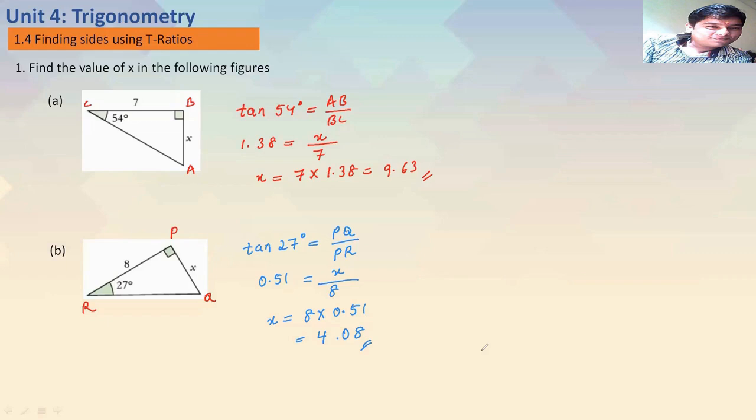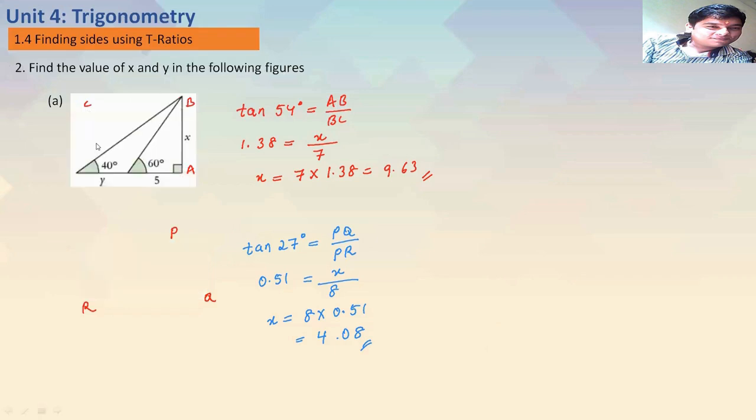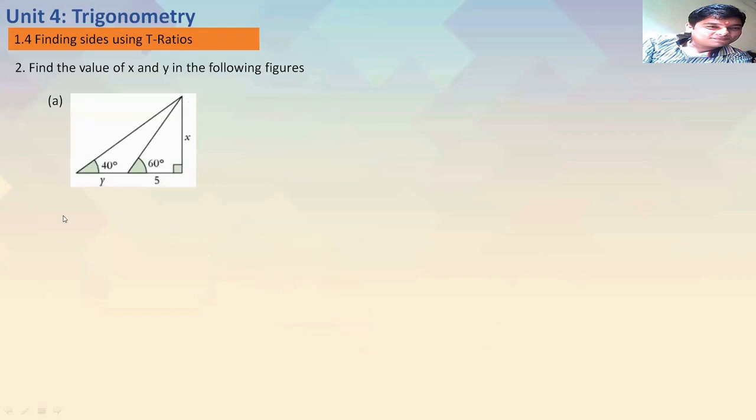Fantastic. Great work. Now let's see some more questions, slightly more complicated than what we have here. Take a look at this question. Here we have the value of x as well as y, right?